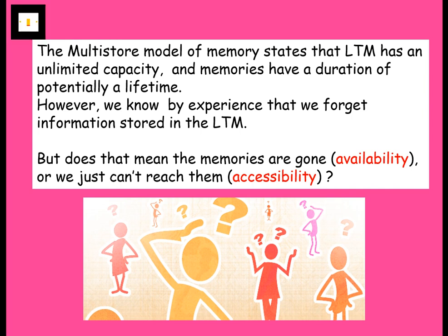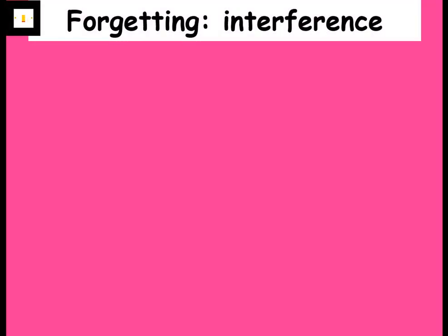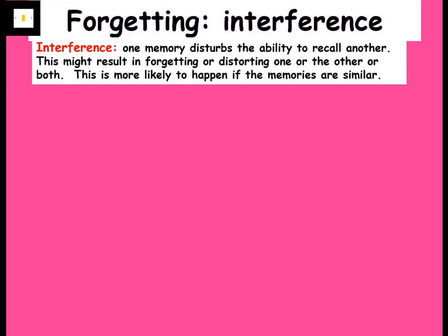So in the red here, it says, are the memories gone, i.e. availability, or, more probable, can we just not reach them, accessibility. Interference is the idea that one memory disturbs in some way the ability to recall another. So it could be forgetting, or distortion, or both. And the more similar the memories are, the more likely interference is to happen.